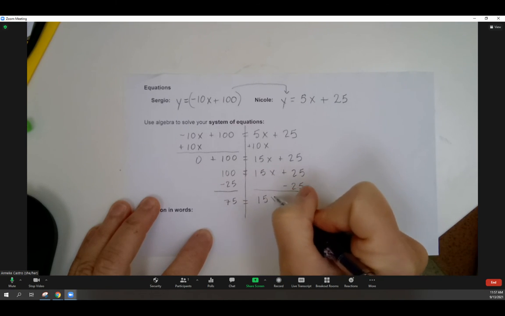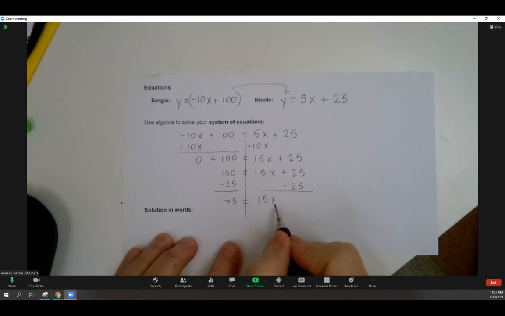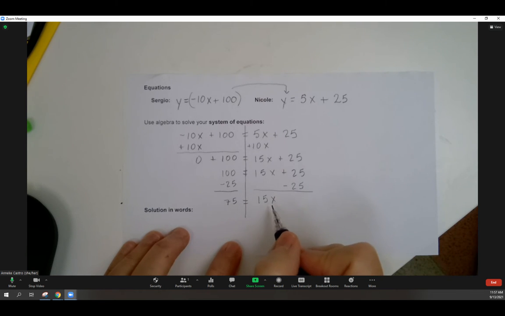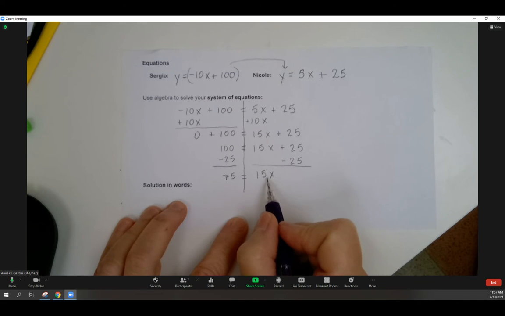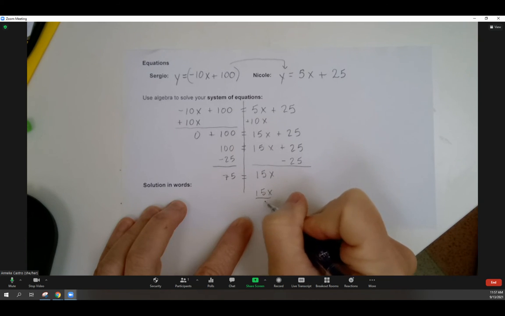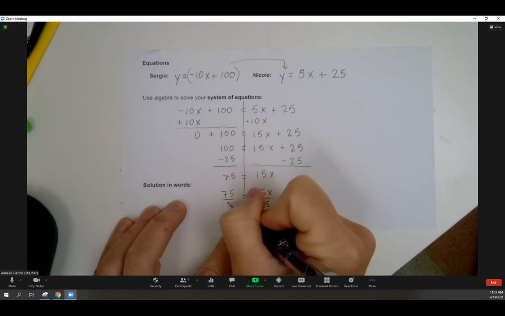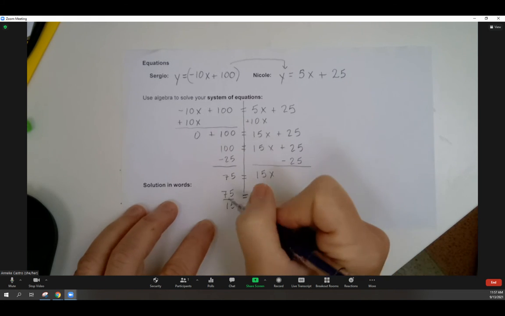And on the right side, I'm left with 15x. So 15 times what equals 75? Well, the way to figure that out is to divide both sides by 15, because the opposite of multiplying, which I have here, is to divide. So I'm going to divide by 15 on both sides of the equation. And I get x is equal to, let's see, 5.